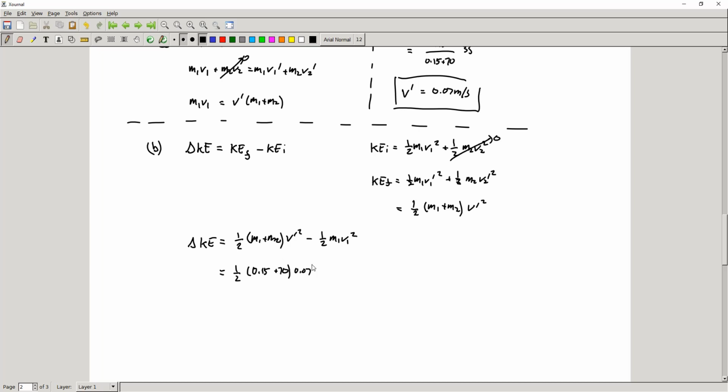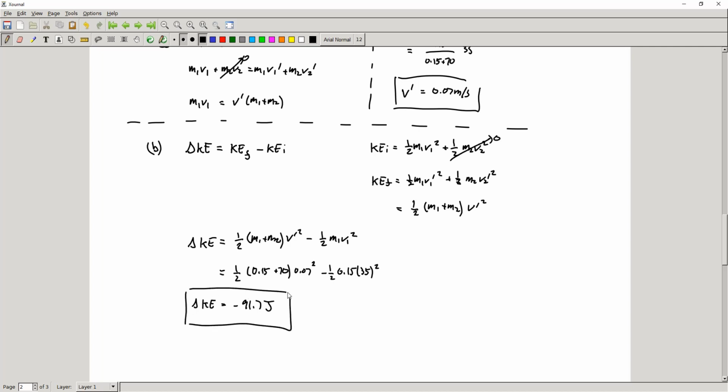We just found that v prime in the previous part, minus 1/2 (0.15)(35 squared). And if we run the numbers on this, we're going to find that our change in kinetic energy is equal to minus 91.7 joules. So we lose 91.7 joules of kinetic energy in this collision.